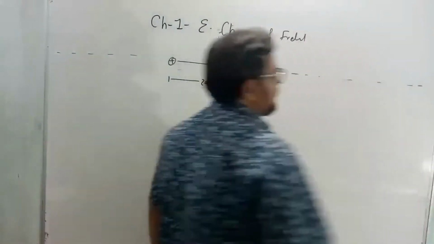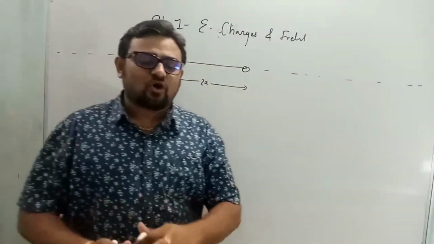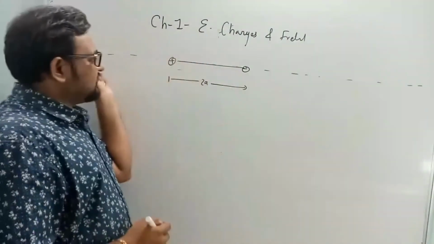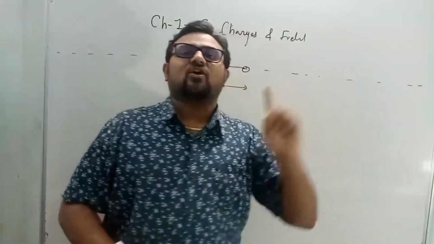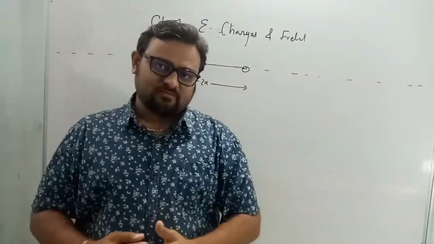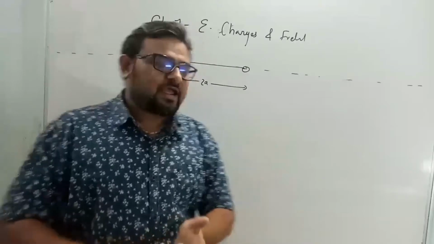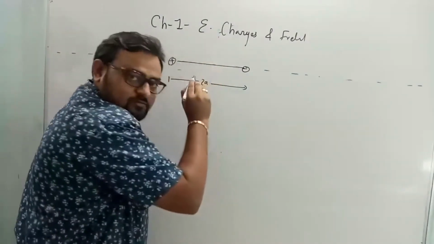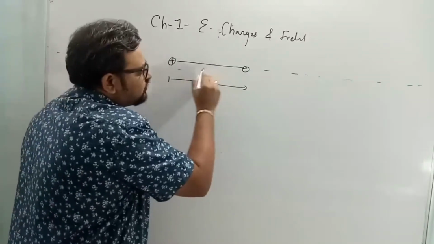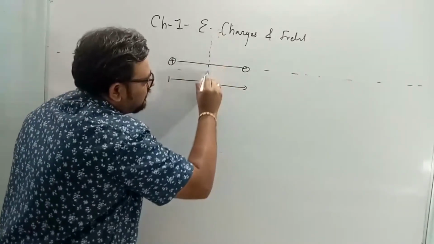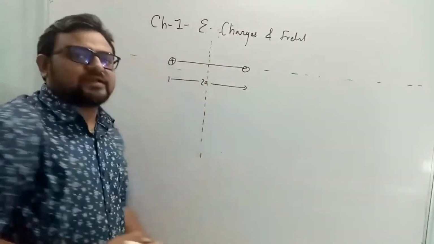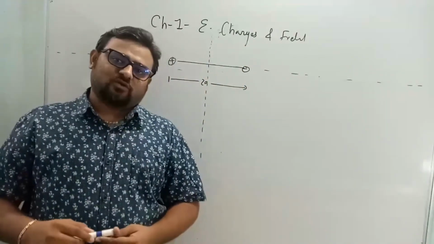Any point on this line is called axial. And exactly at the center, which divides it into two equal parts, any point on this line is called equatorial.